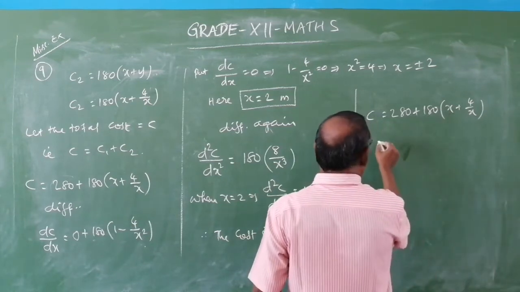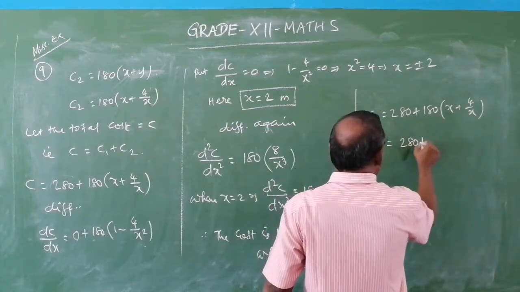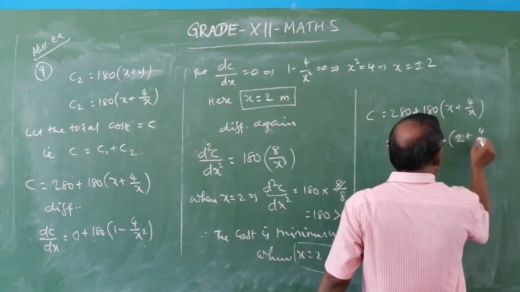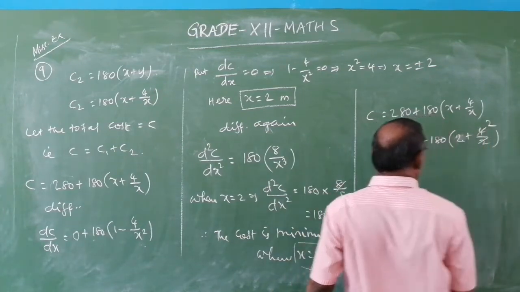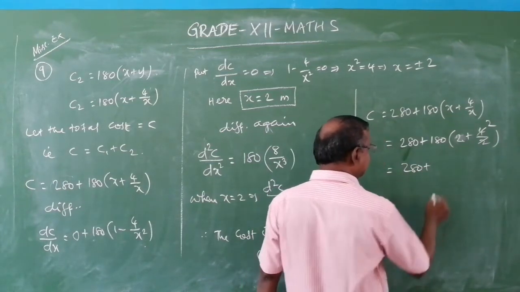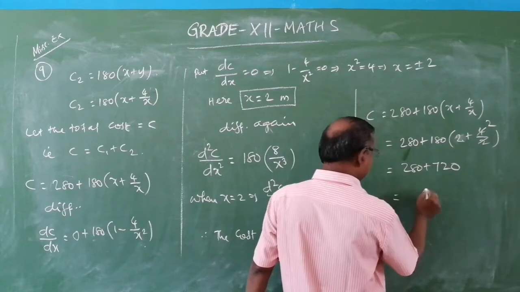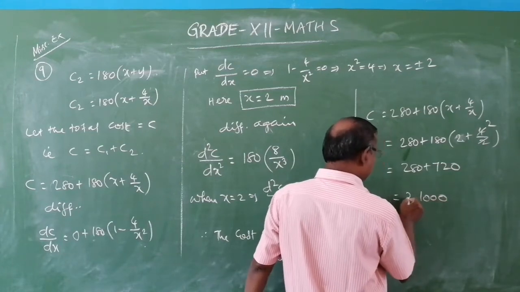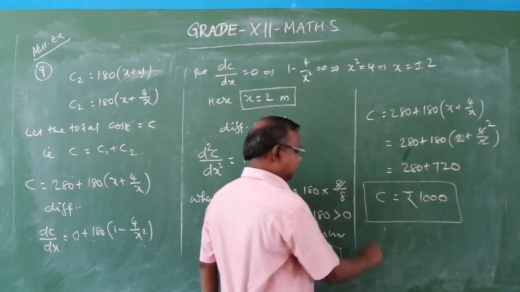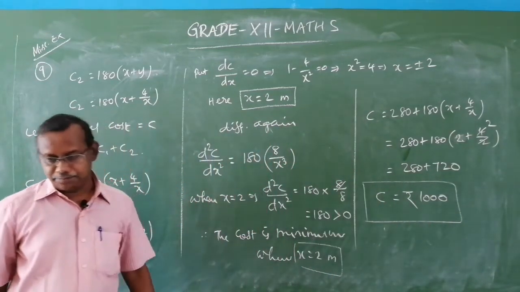So put x equal to 2, that is 280 plus 180 into 2 plus 4 by 2, equal to 2 plus 2, 4. 280 plus 4 180s are 720, which is equal to 1000. Therefore the minimum cost for building the water tank is rupees 1000.